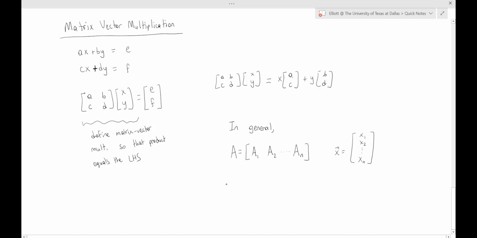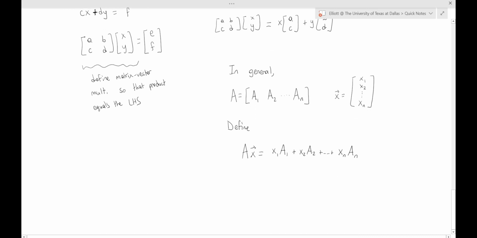We define Ax to be x1 times the first column of matrix A plus x2 times the second column of A, and so forth. Okay.